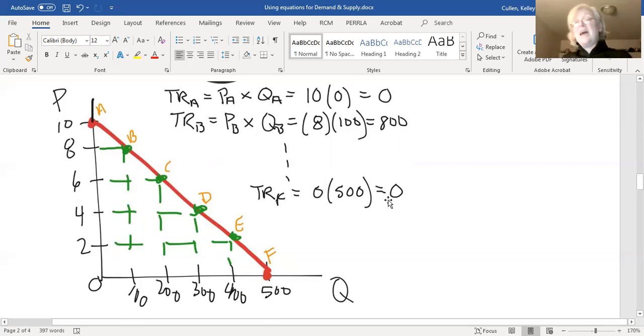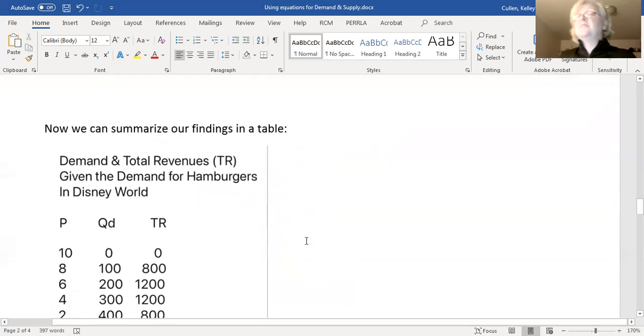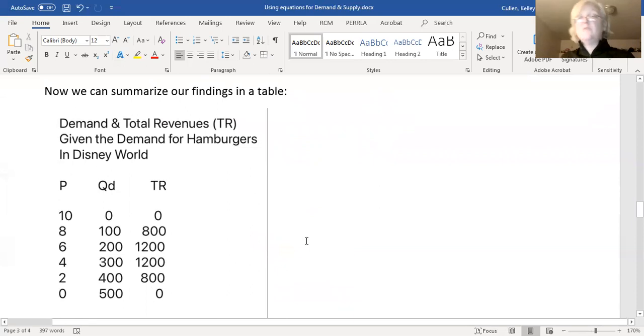So now I have a whole bunch of total revenues. I have total revenue for A, B, C, D, E, F. I want to plot those and see what the total revenue curve looks like. So now let's summarize. Let's take all those calculations that I did and throw them into a table.